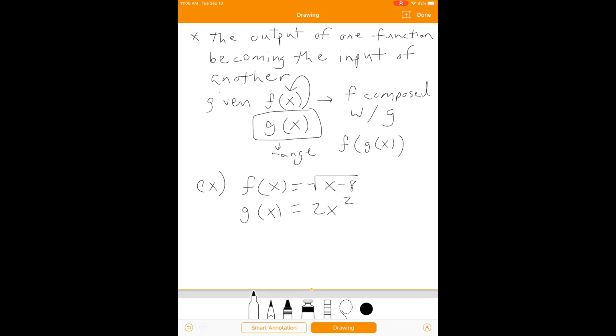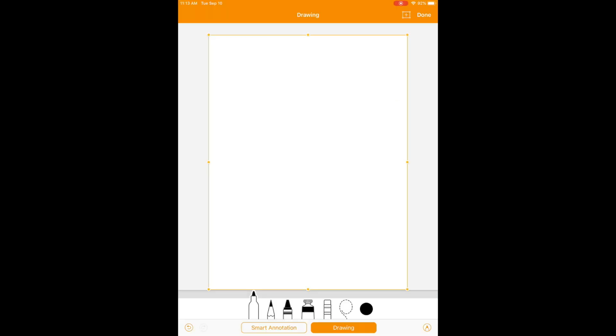First, let's talk about the domain and range of each function. Let us think about graphing function g first. So as you recall, g of x is equal to 2x squared.